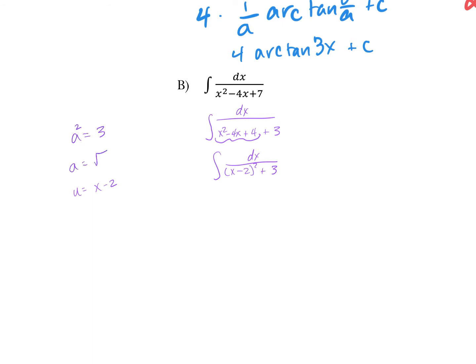Yeah, square root 3. And if u is equal to x minus 2, what's du? All right. So if I go into all my substitutions now, my dx becomes a du. My x minus 2 squared becomes u squared. My 3 becomes a squared.